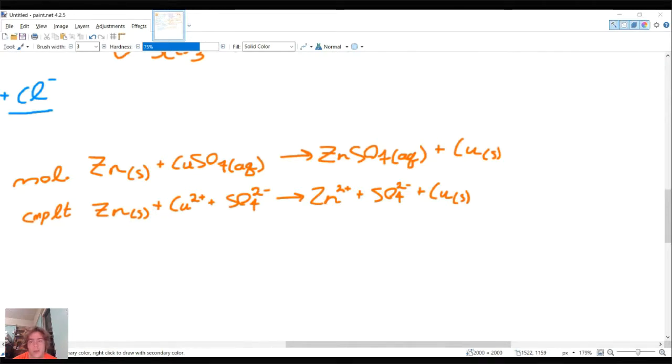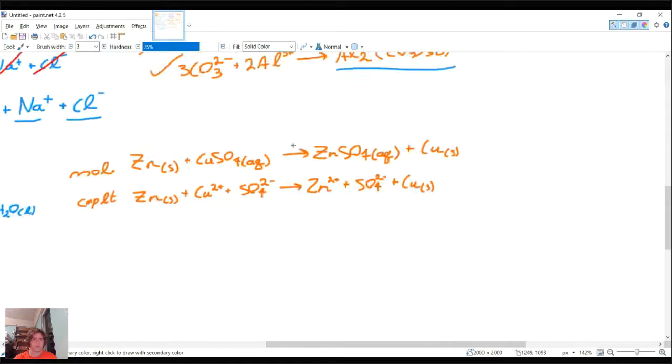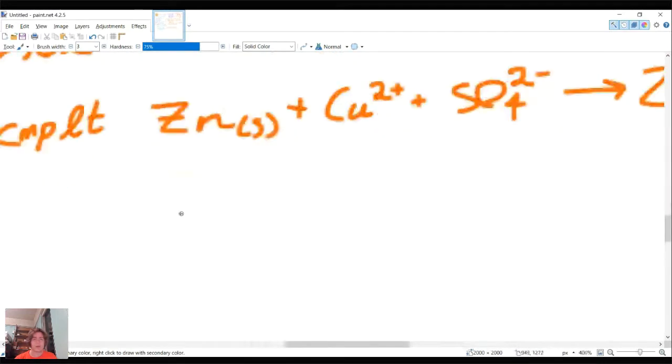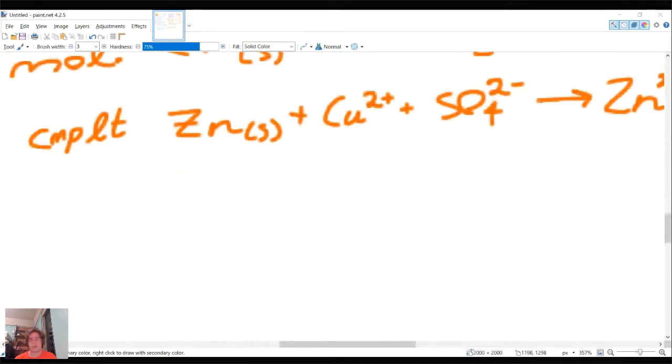So when we think about spectator ions, well, you are right in that they are ions. No, the solids do not cancel out. If we're looking at just what happens to the copper, you're on the right track. Honestly, I think you have a good intuitive understanding.